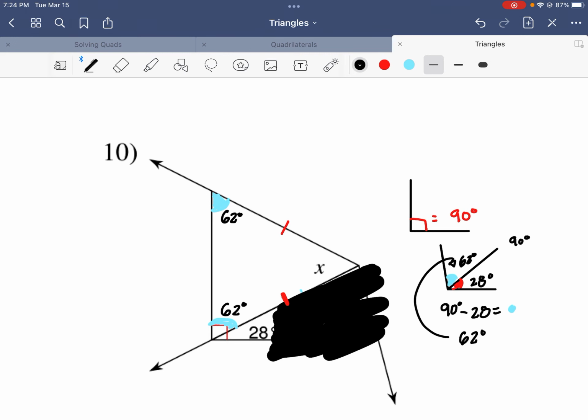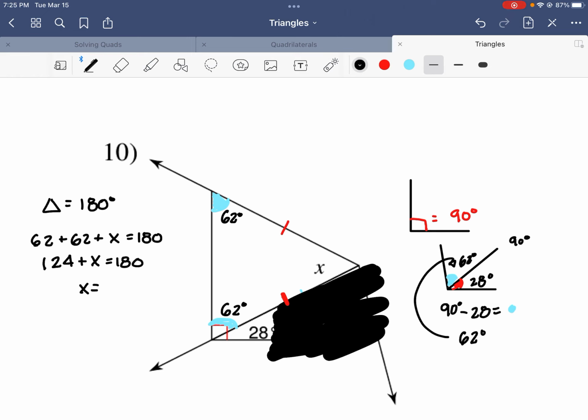So now let's just use the fact that we know that a triangle is equal to 180 degrees. So that means 62 degrees plus 62 degrees plus my missing one should equal 180. If we combine like terms, this is 124 plus x equals 180.